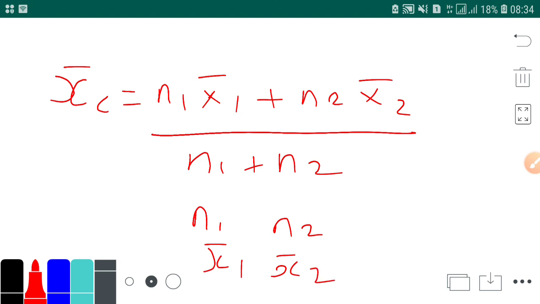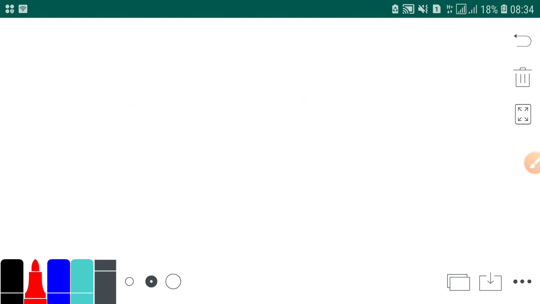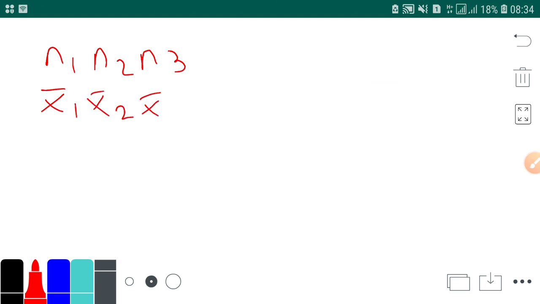Now suppose you are having 3 data sets, x bar 1, x bar 2 and x bar 3, and you want to find the combined mean. What will you do?